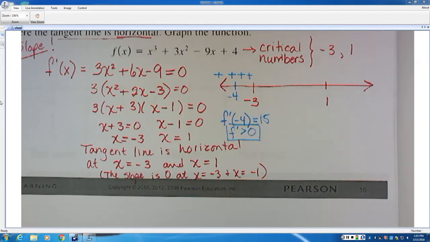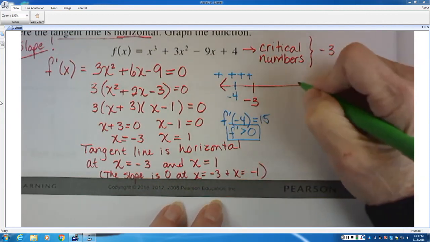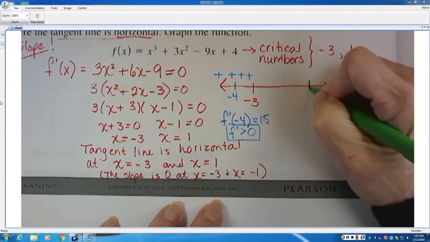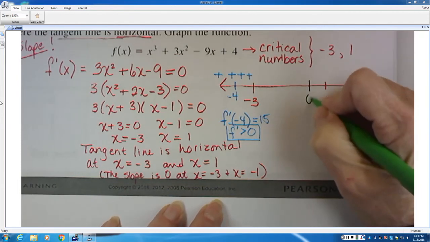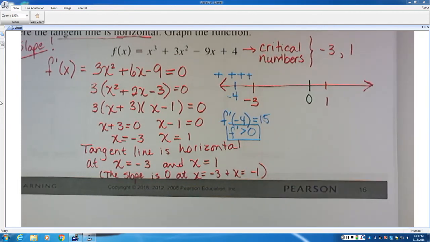Which means what should be happening in the next part of the interval is that it's going down. Should be. Okay? But we want to make sure of that, so we're going to pick a number to test. And anytime I can pick 0, I love to pick 0 because for 0 I don't even need a calculator. What is f prime of 0?